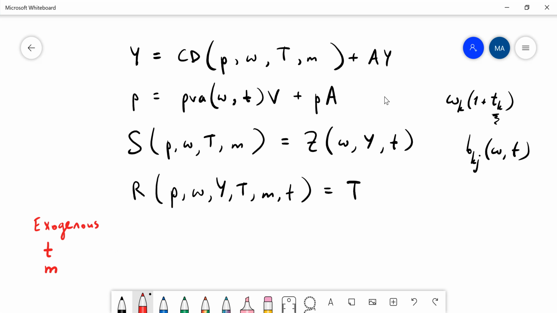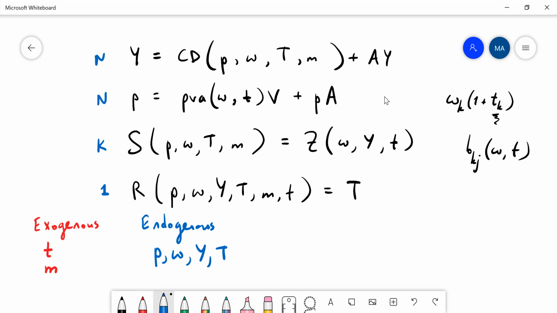Okay? What are the endogenous variables? Your endogenous variables are, again, P, omega, Y, and T. Okay? So you have N equations here, N equations here, K equations here, and one equation here.